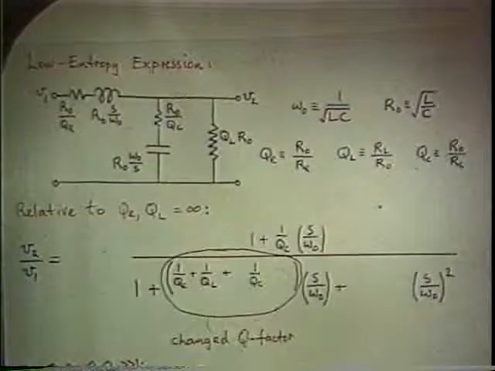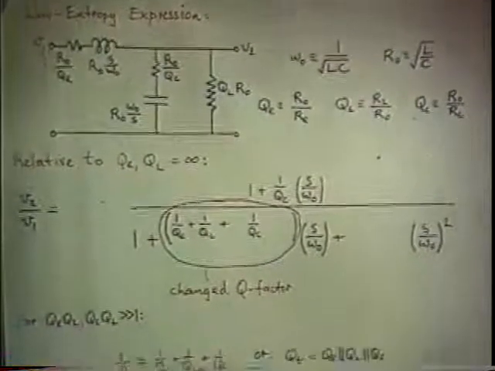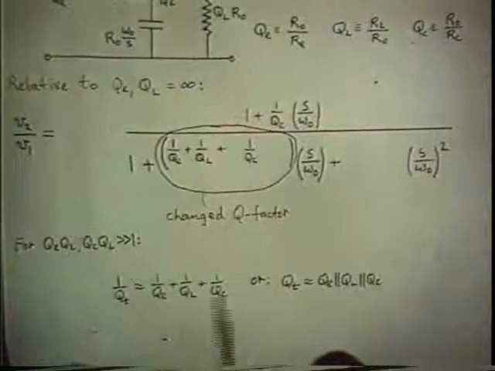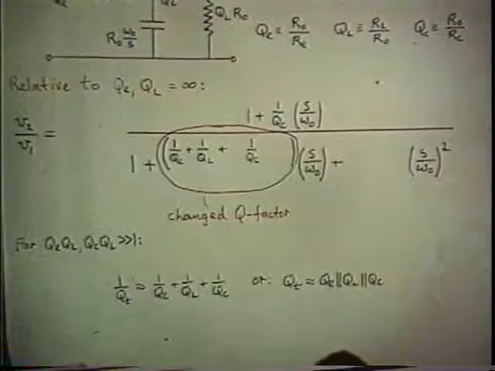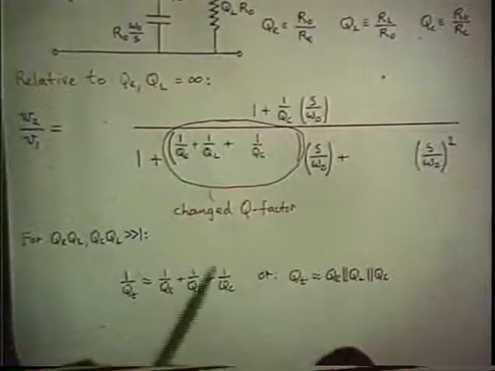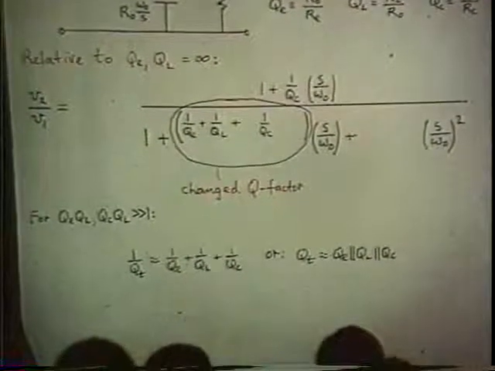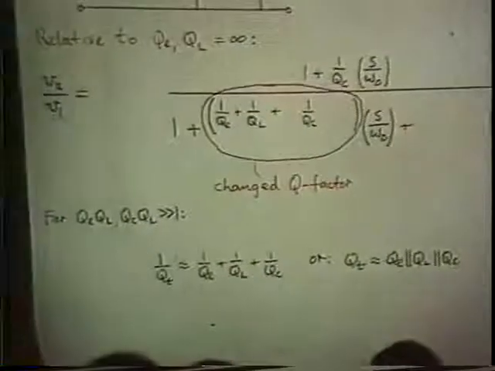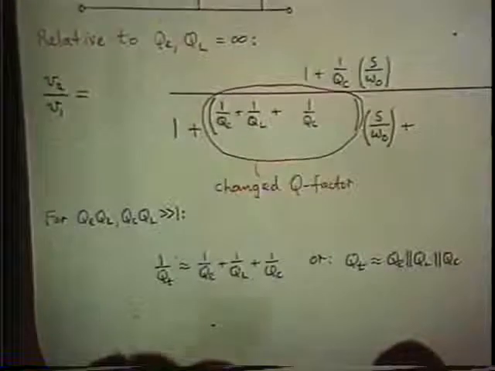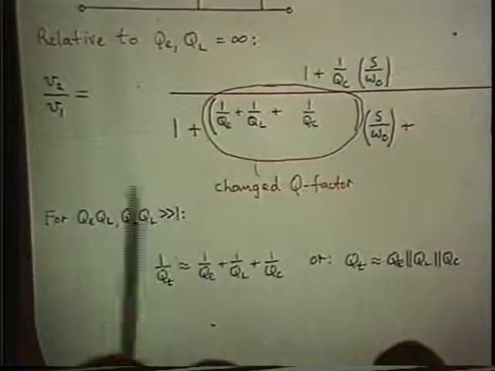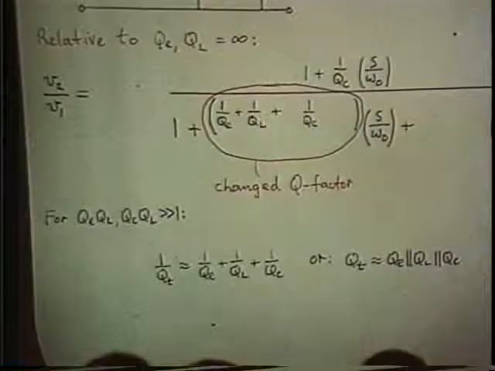The entire coefficient defines 1 over QT, the total Q factor. Look what a simple relationship that is in terms of the contributing Q factors. It's just like the triple parallel combination of impedances. Easy to remember, very simple low entropy result.